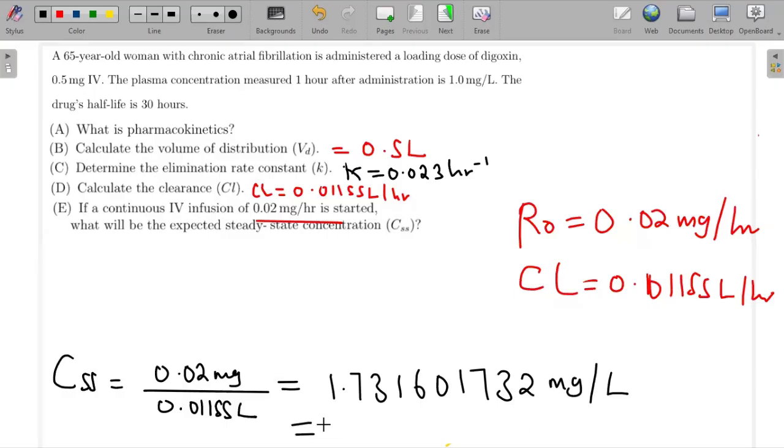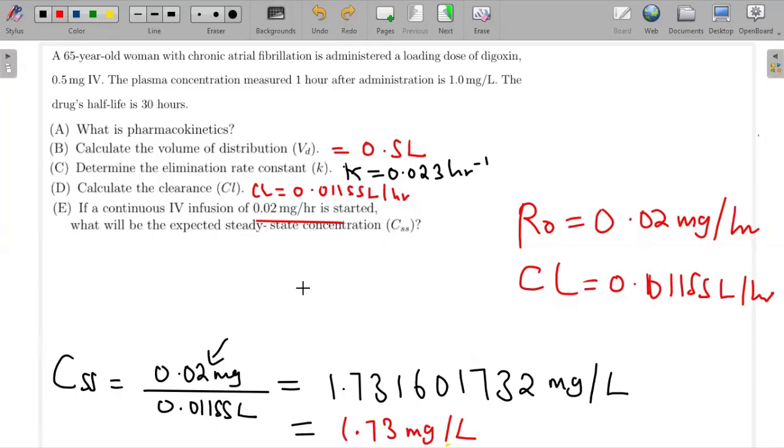Okay, so we just round it off to a reasonable number of decimal places, or you can actually follow the one which has the least. So let's say we round it off to 2 decimal places. So it will be 1.73 milligrams per liter. You can see that even the units here are confirming that this is a concentration.